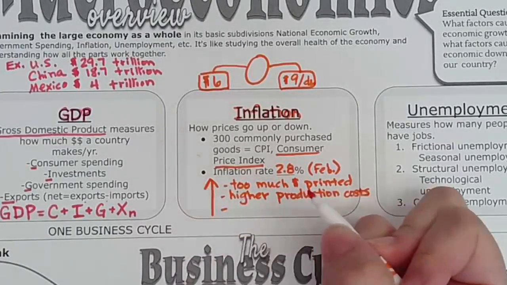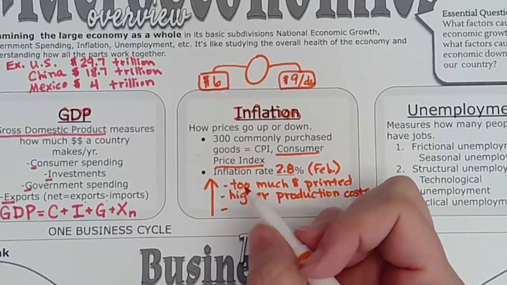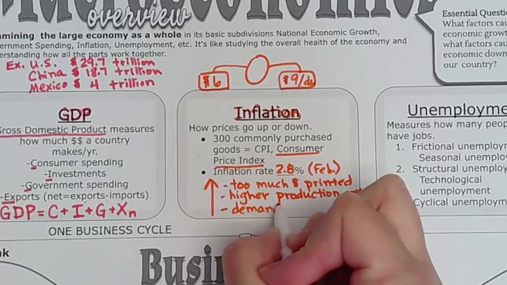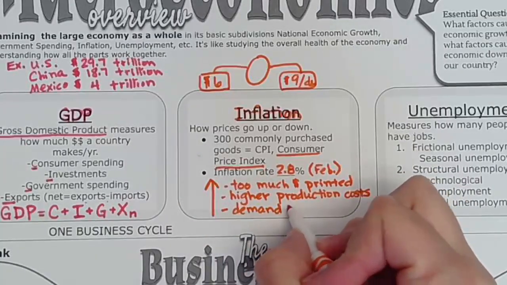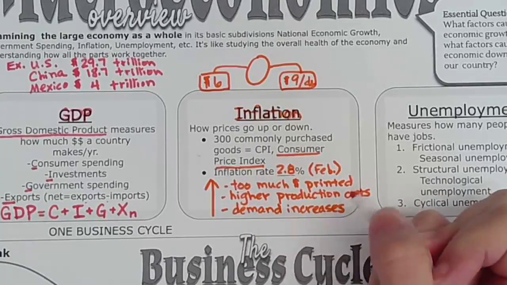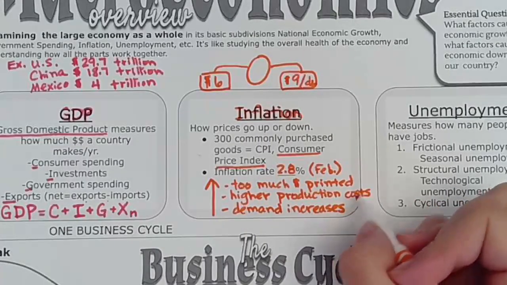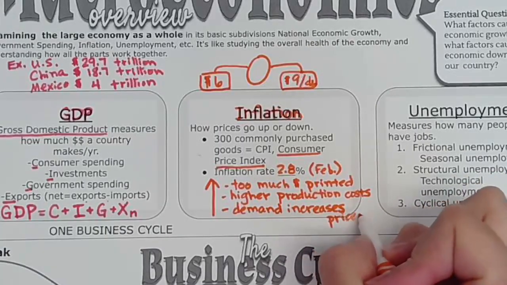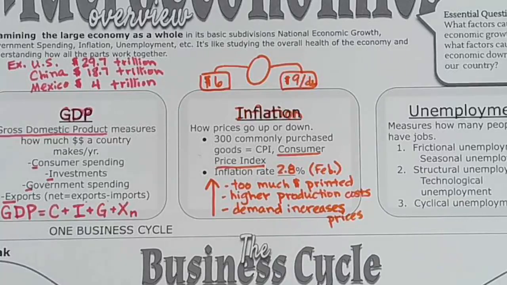Or it could be that the price just goes up because there's a higher demand. If the demand for something increases, that's another reason that the price may go up. So I'm going to say the demand increases prices, to be specific. Okay.